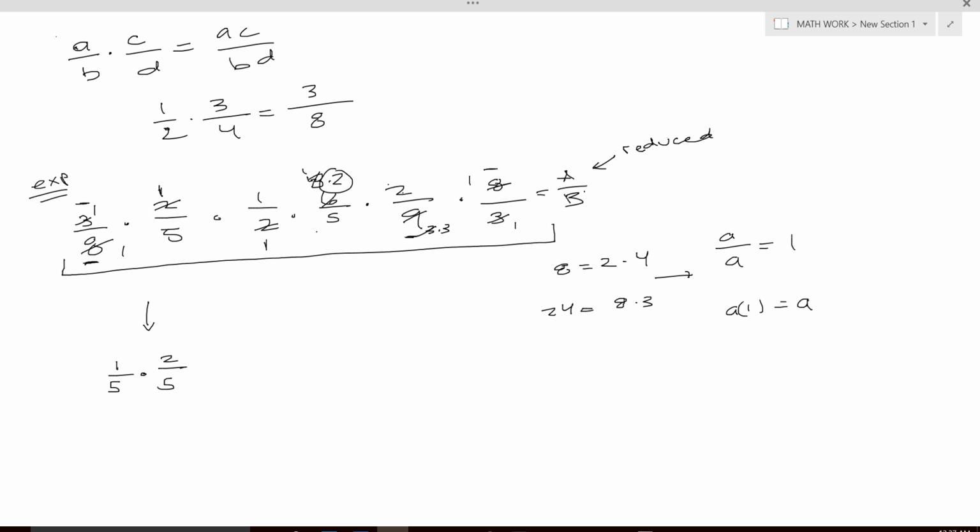And we reduce this 3 here with, I think it was this 3, or this 3. Doesn't matter. You can reduce it with any 3, as long as we were able to reduce it to 1, that's fine.